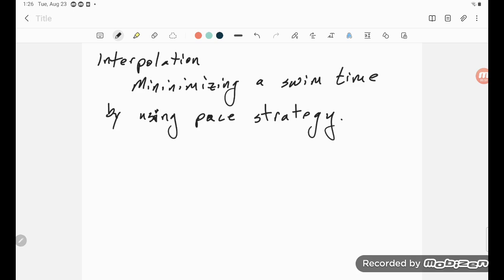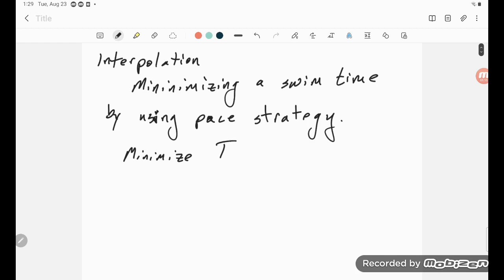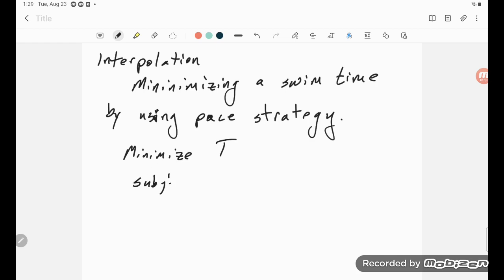And let's see, I think I need to pause it here for a second. Now, in this case, what we're saying is we wanted to minimize, say, time, t, but we had some constraints, subject to, well, we had to cover the distance.